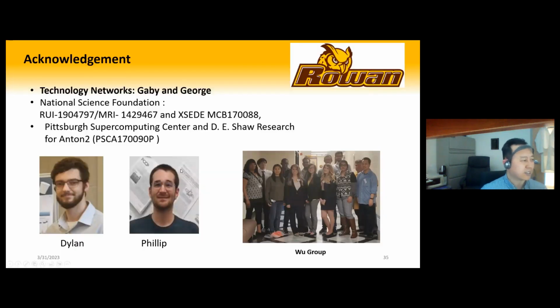The work presented was mainly done by Dylan, an excellent student who has very good chemistry intuition and is very good at organic chemistry. And then Philip, who is very good in computational skills, as he is a double major in chemistry and computer science. And here is my team. We are clustered in a small room full of computers, and we just like to play the game.